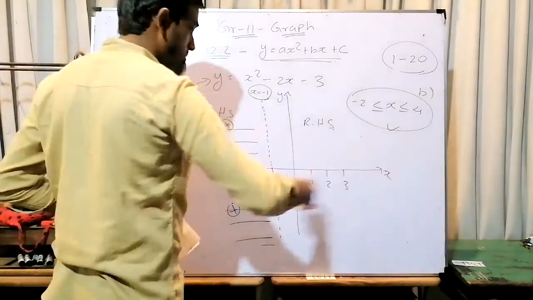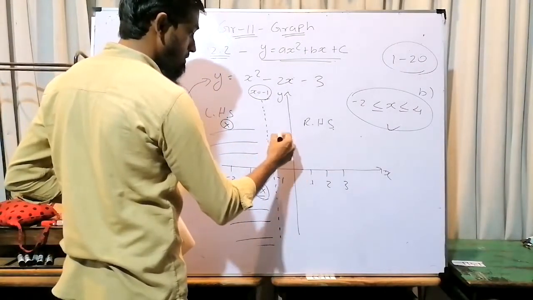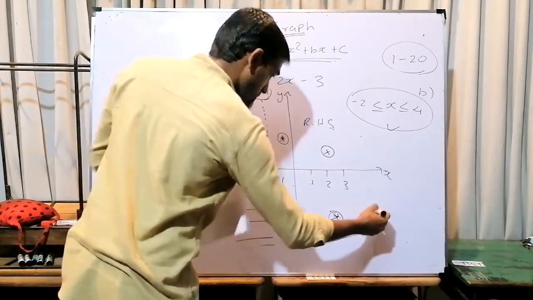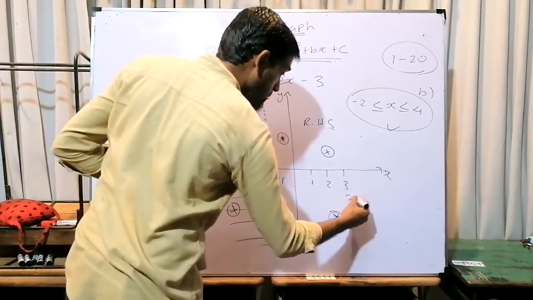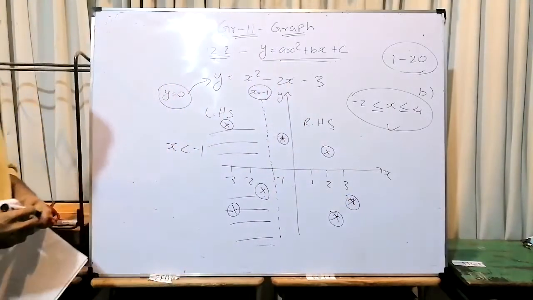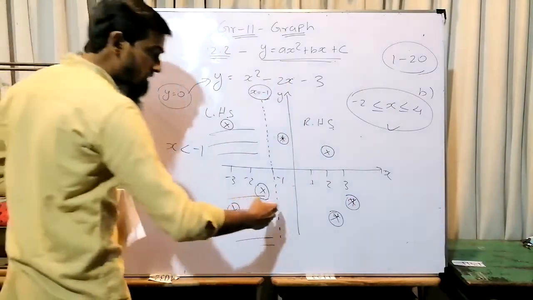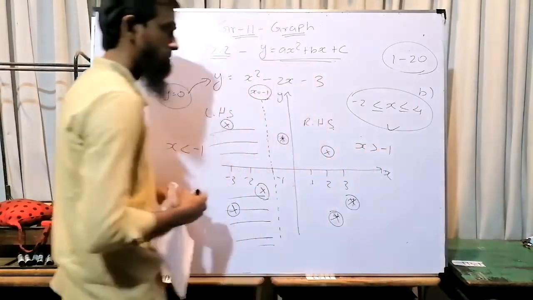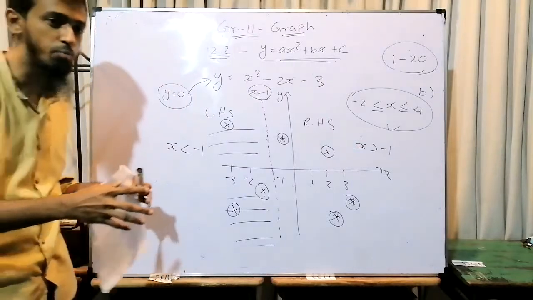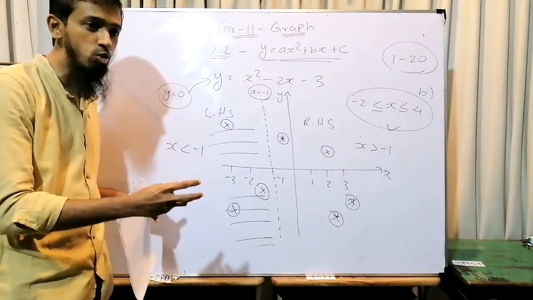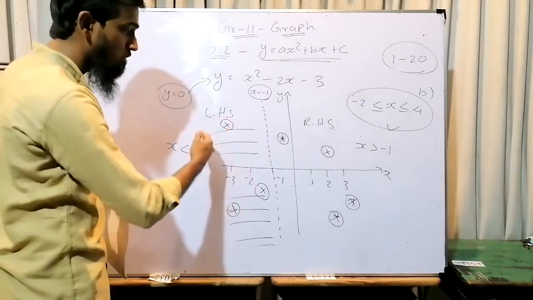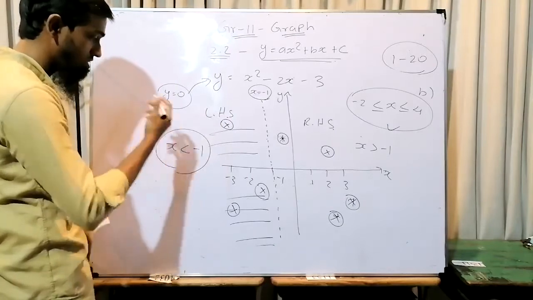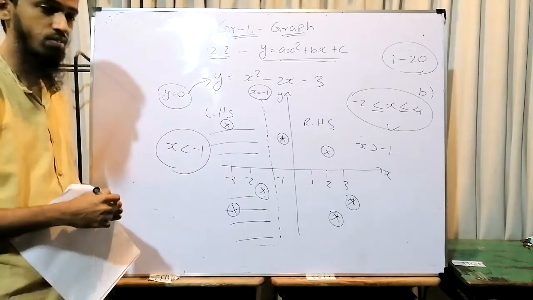What about the right side values? If you take any point on the right side, what is the value of the x coordinate? It is greater than -1. So this is the basic idea. We check the values of x and write the range of values. So this is the range of values of x.